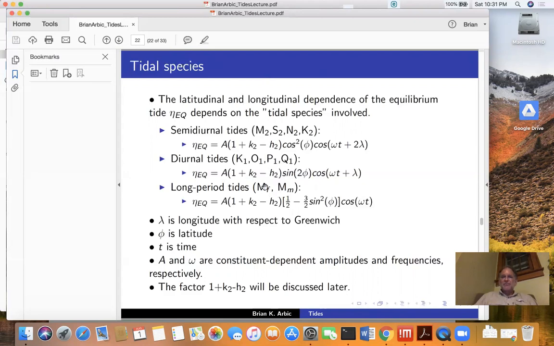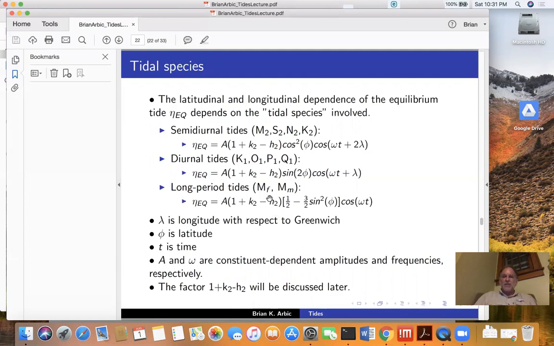And because the Earth is doing this, the self-gravity of the mass on Earth is actually changing the gravitational potential, and that's what this number here is accounting for. These numbers are called Love numbers after the English scientist Love, who came up with this idea.